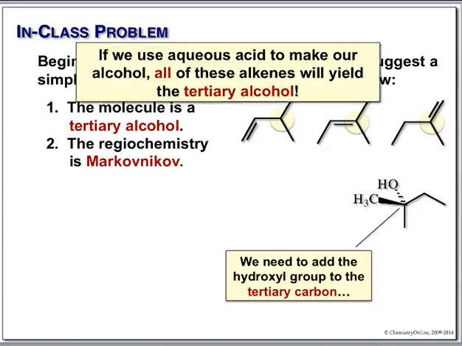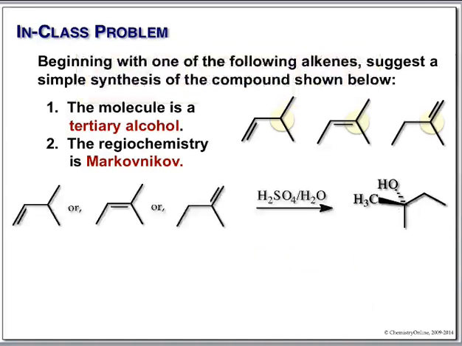Therefore, all three of these would give the desired product. I wouldn't choose this one on the exam. Both of these would be equivalent. You still get credit for it.